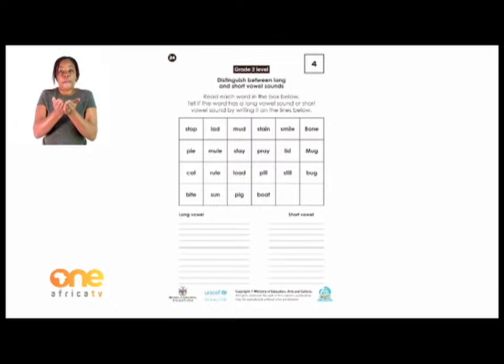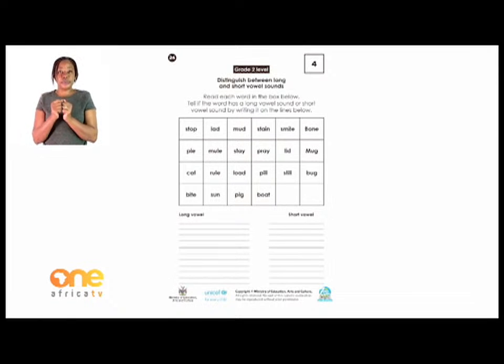Which words are having a long sound? Those ones, you write them on the left, and the ones which are short, write them on the right side of the paper.